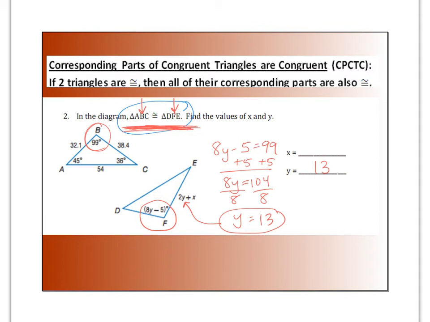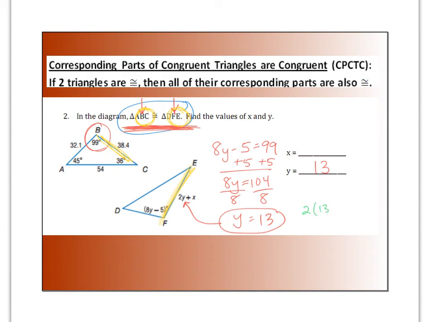So let's look at that segment right there. We're looking at segment EF. If you go up to the top, E and F are the last two letters. B and C are the last two letters in the other one. So B and C matches with E and F. So I'm going to say 2y plus x, but instead of the y, I'm going to plug in the 13.